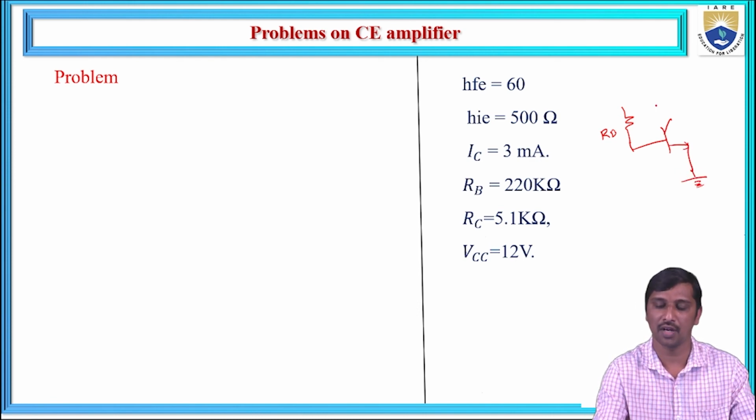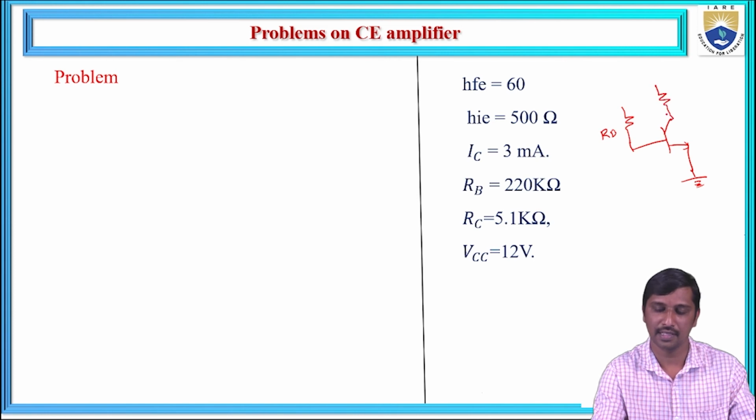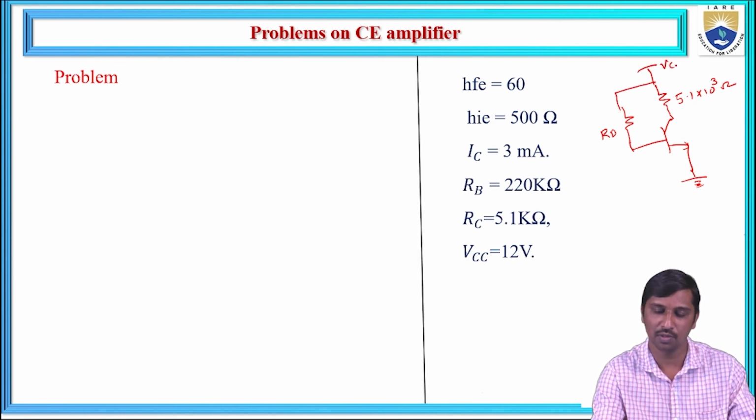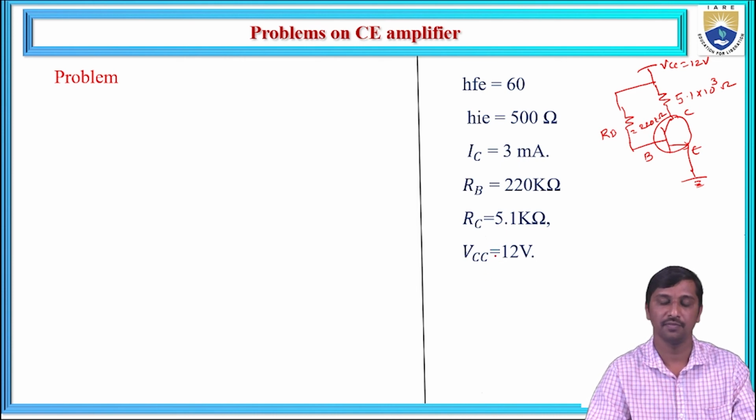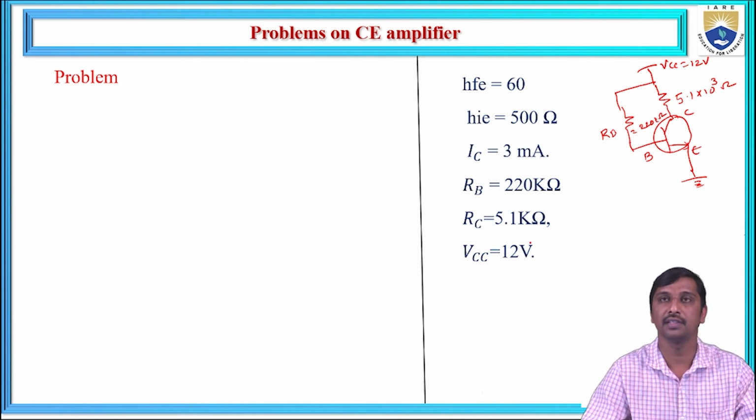The emitter should be connected to ground, and the collector resistance is 5.1 into 10 to the power 3 ohms, biased with VCC. That VCC is 12 volts, and the RB value is 220 kilo ohms. I use an NPN transistor. This is base, emitter, and collector.